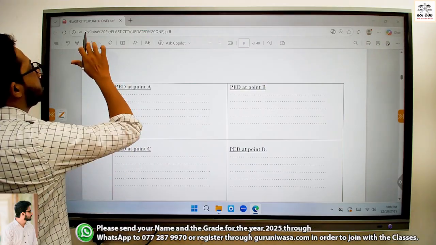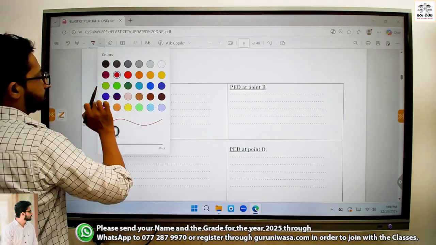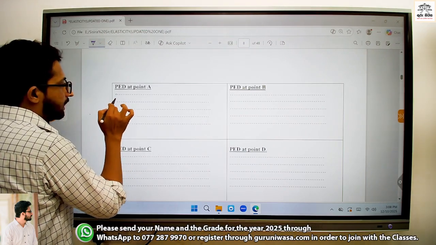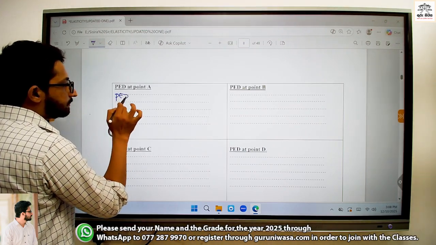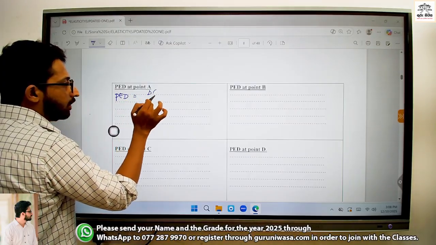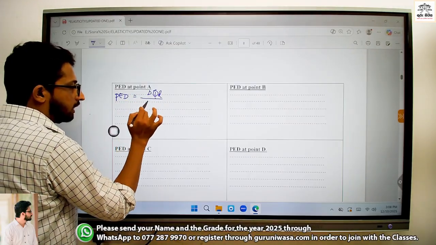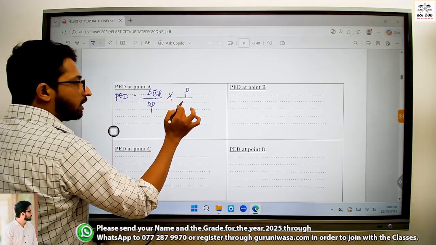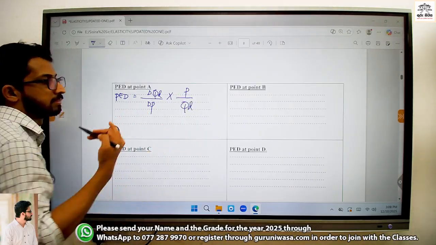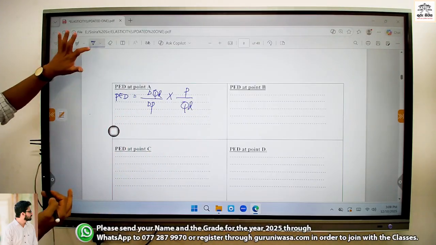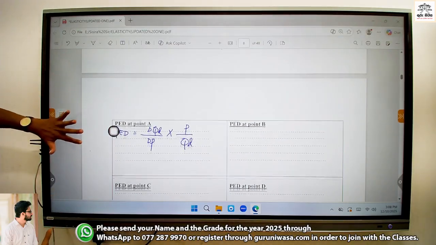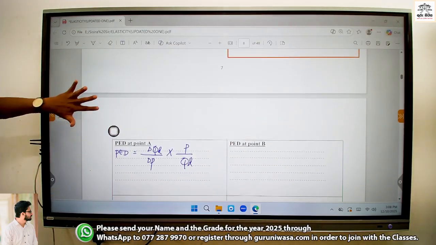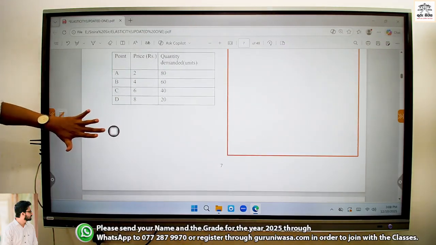PED equals delta QD over delta P into P over QD. Then I'm calculating price elasticity of demand at point A. Use the original given table.